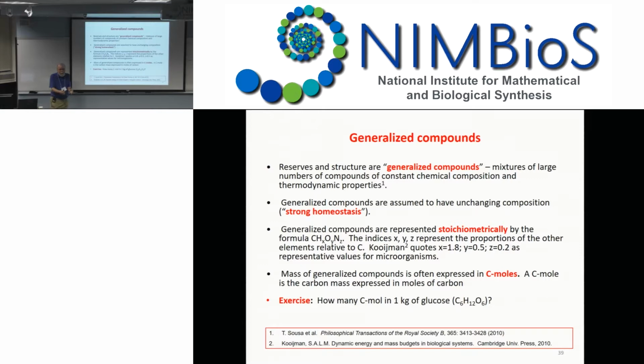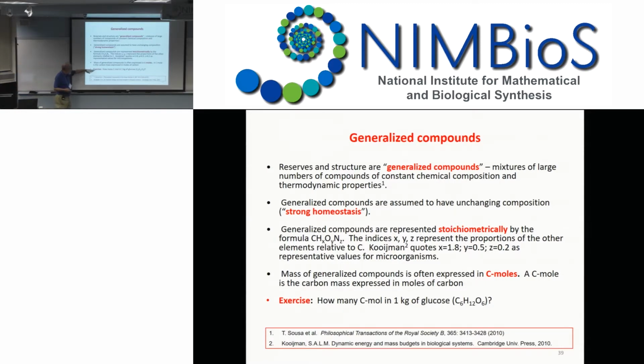DEB assumes that the composition of reserve and the composition of structure is invariant. You can write the chemical formula for the compounds in this form, where you always set the carbon level to 1, and that gives you a measure of biomass in what are sometimes called C-moles, and this is actually a very nice unit of currency in a bunch of these things.